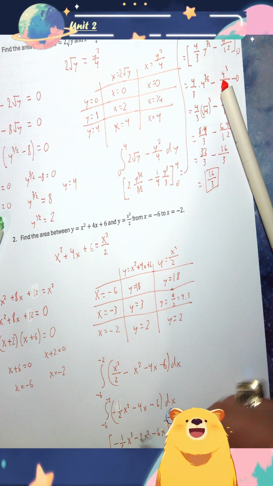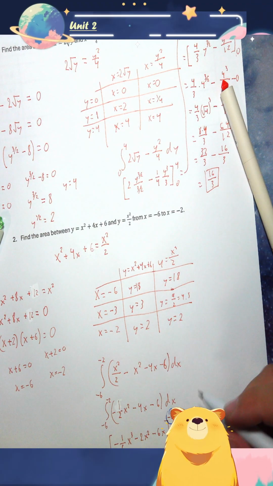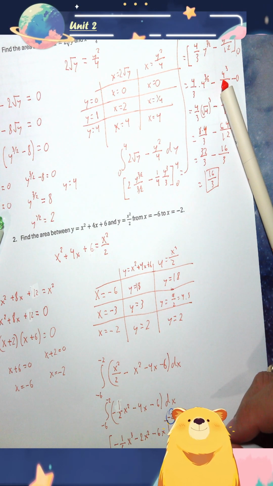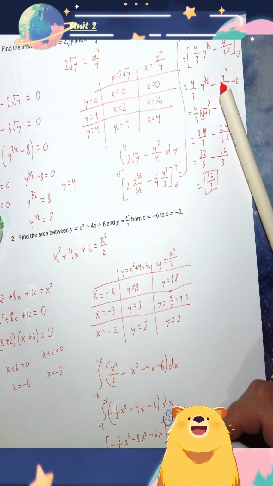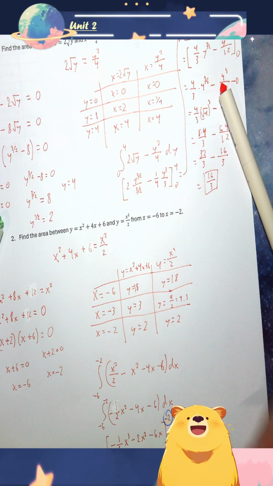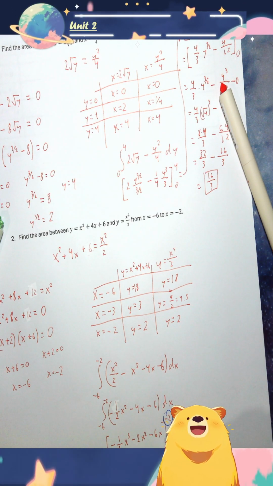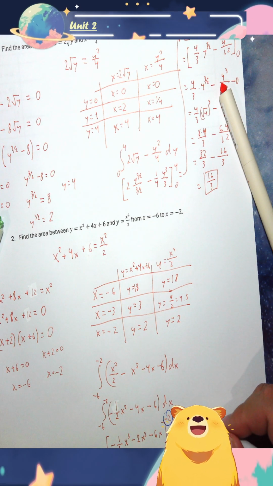Here we have a 4. 4 times -2 is -8. And then -2 times -6 is positive 12.